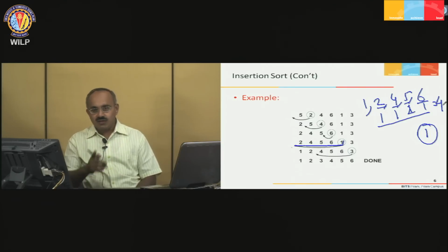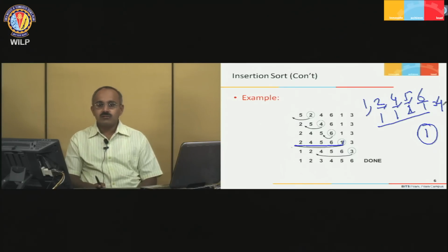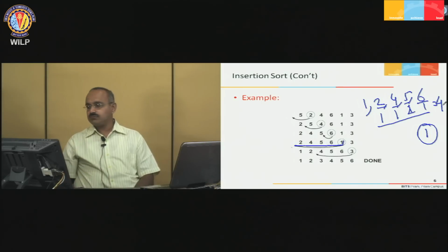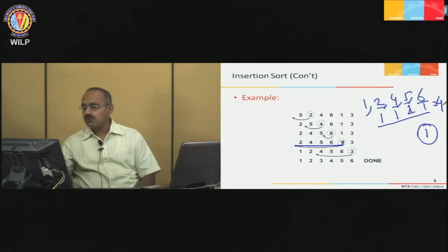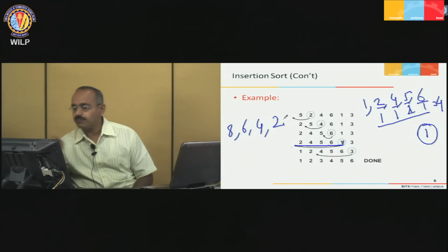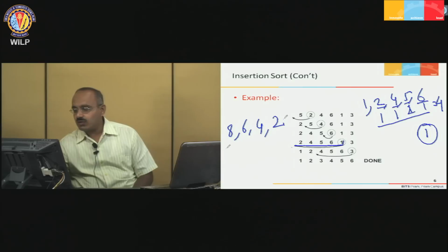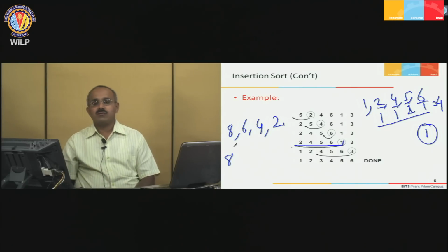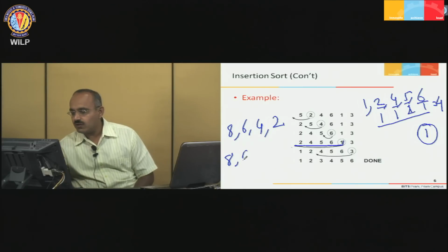So, if I have 4 elements, to decide the right position for 1, you need 4 comparisons. That is, to insert the ith element, the maximum number of comparisons to decide its position will be i, and you can extend this now to a general case of n elements. Let me look at the sequence 8, 6, 4, 2. We will insert 8 first. To insert 6, you compare it with 8 and put it here, so this gives one comparison.